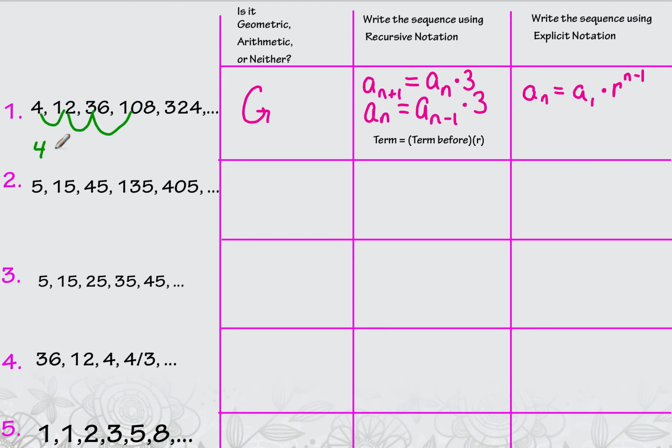Started with the first term. I multiplied it by a 3, by another 3, by another 3, and that got me to 108. So this would be to find any term. I start with the first term, which happens to be a 4, and multiply it by 3, and I do it one less than the term I'm looking for.